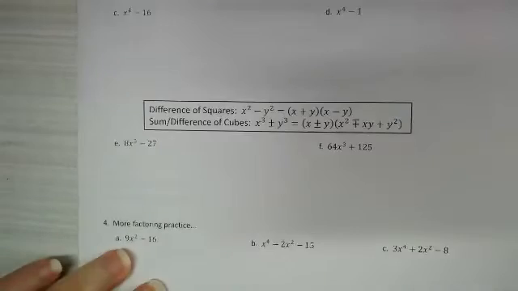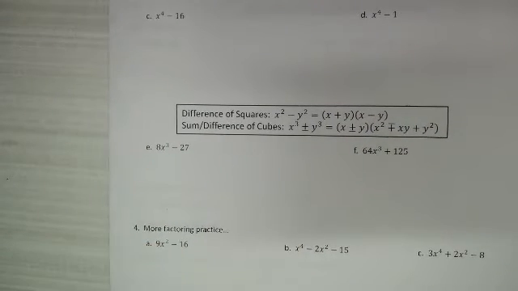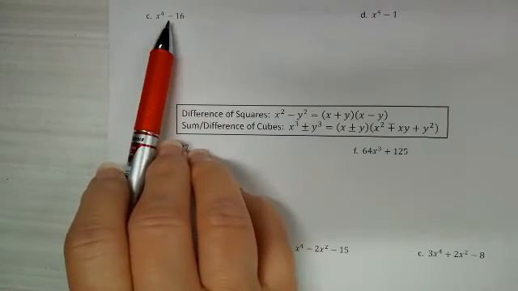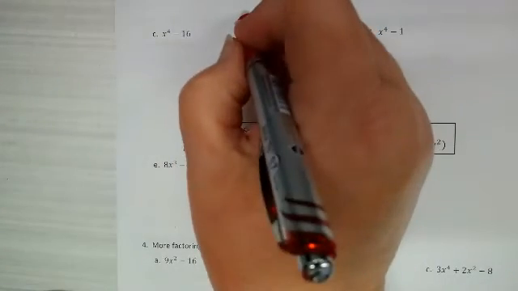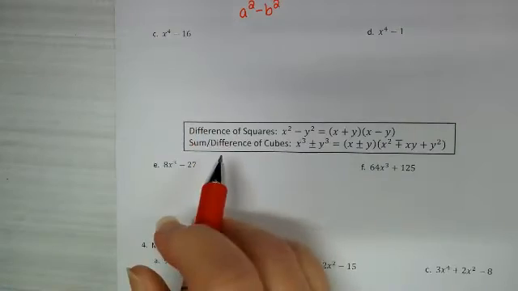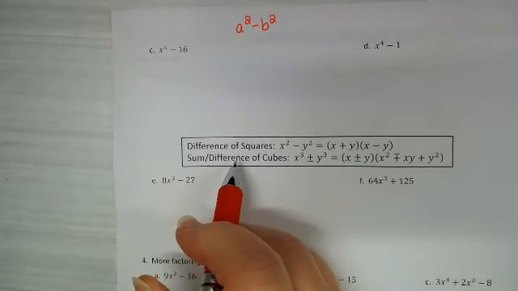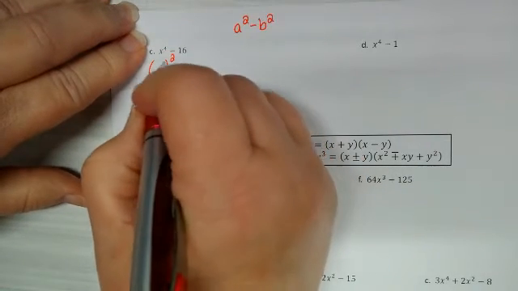All right, on the next page, there's something similar. Let's do letter C. It says x to the 4th minus 16. So remember we talked about our difference of squares: something squared minus something squared. Well, x to the fourth is something squared.